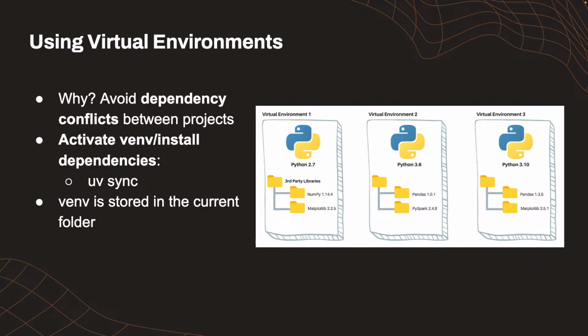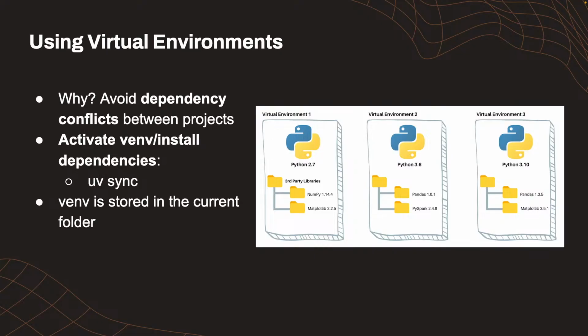I mentioned this thing called a virtual environment. So why exactly do we need this? Basically, we want to avoid dependency conflicts between projects. For example, here you can see in that image, you may need to use older versions of libraries. For example, you could have a project that relies on Python 2.7 and a specific matplotlib version, and the newer version has some breaking changes.